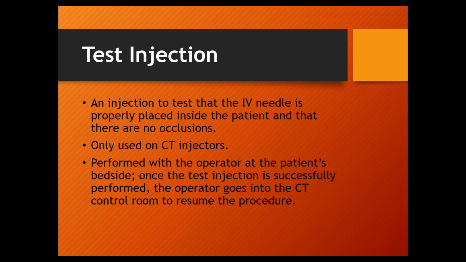And so the test injection, you guys will see here. If you're going to do a test injection, remember, this thing is capable of shooting multiple phases. If you're going to do a test injection, you have to do it on the first phase, obviously. We're not going to do a couple phases and I'm like, hey, let's check that needle placement on the third phase.